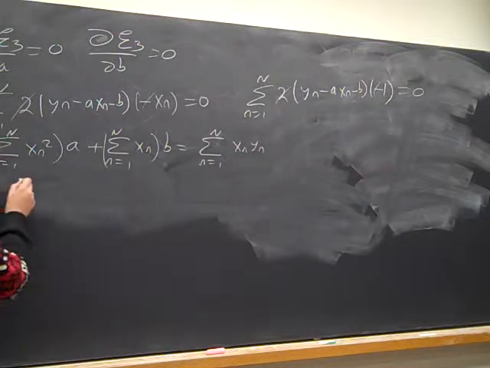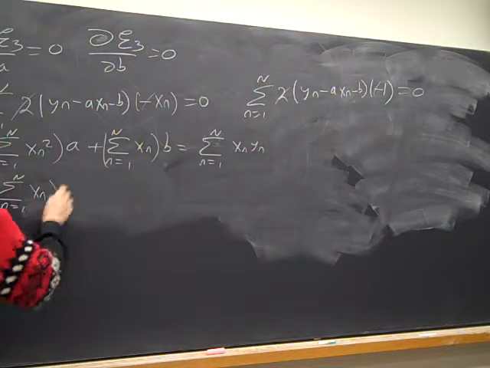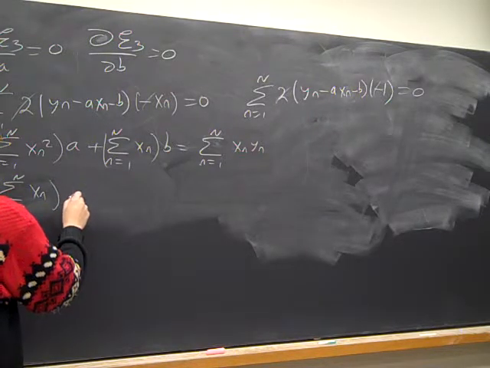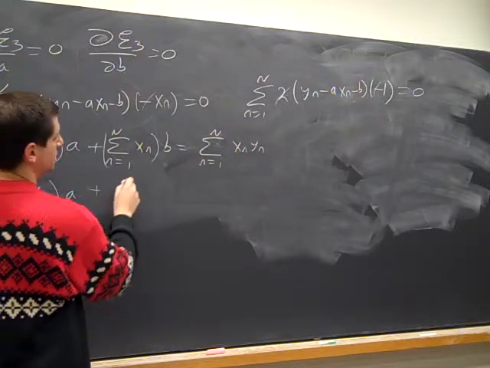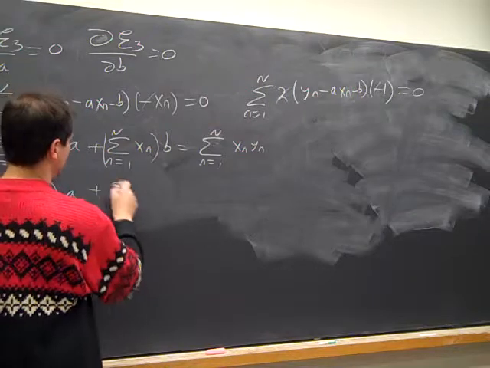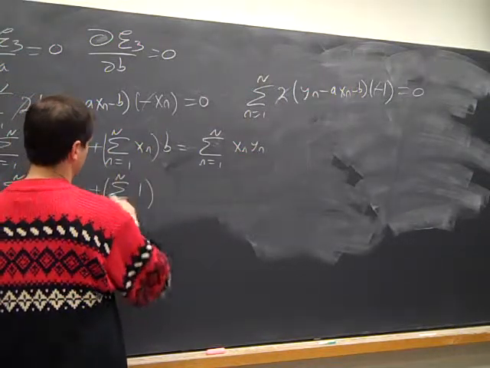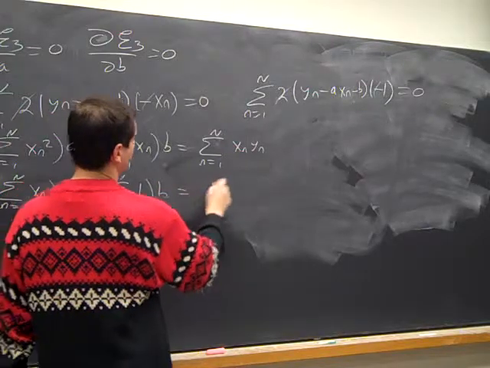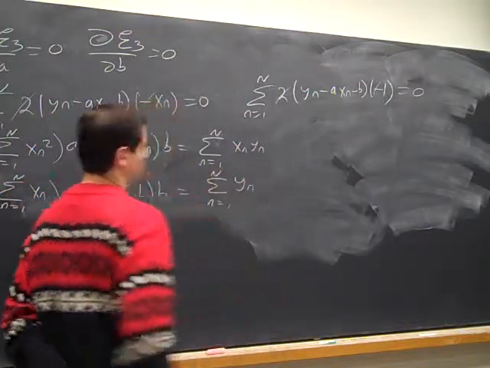For the other equation, I'll get the sum of xn, n goes from 1 to N, times a, plus the sum n goes from 1 to N of 1 times b, equals the sum n goes from 1 to N of yn.